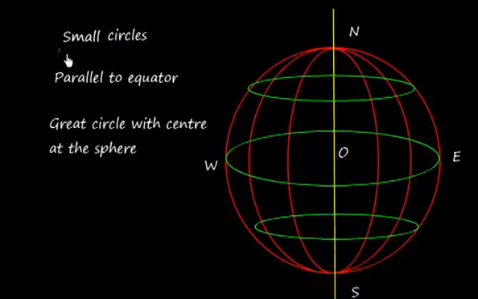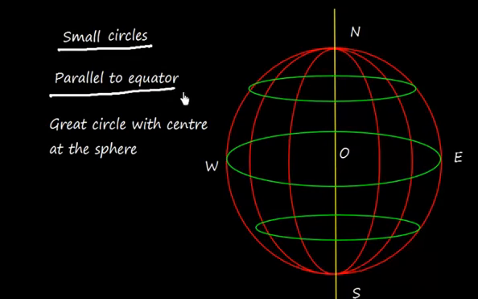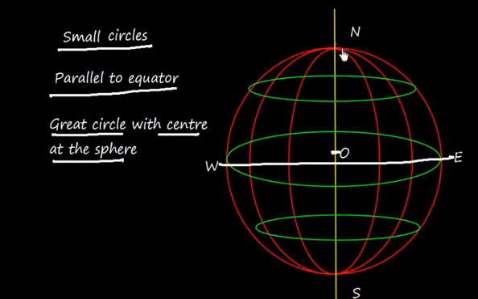Now let's talk about small circles which are parallel to the equator. So what is the equator here? First, the equator is a great circle. This is a great circle having the center at the sphere and dividing the earth into the northern hemisphere this way and the southern hemisphere, and this plane is perpendicular to the axis.